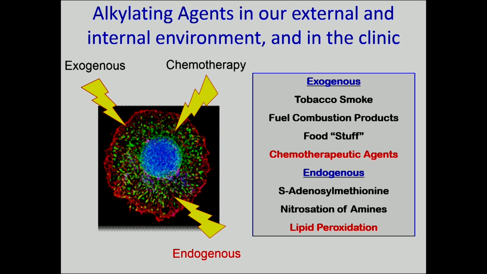So we've worked primarily on alkylating agents, chemicals that transfer alkyl groups to DNA and other molecules. And as I said before, these are present in our exogenous environment and endogenous environment. So for instance, tobacco smoke, fuel combustion products, certainly some chemicals in food can alkylate biomolecules.